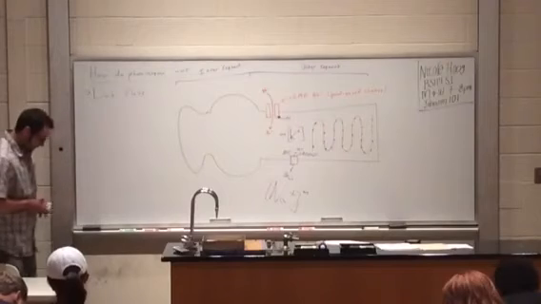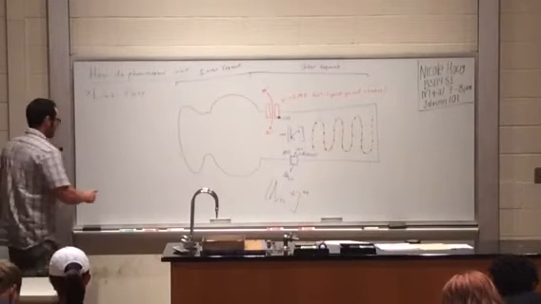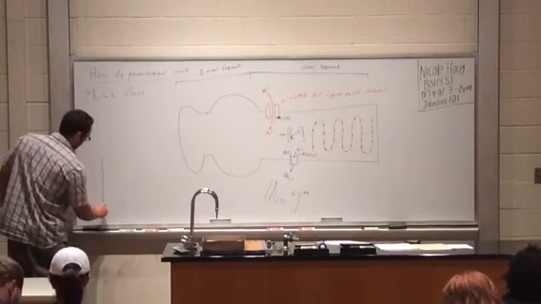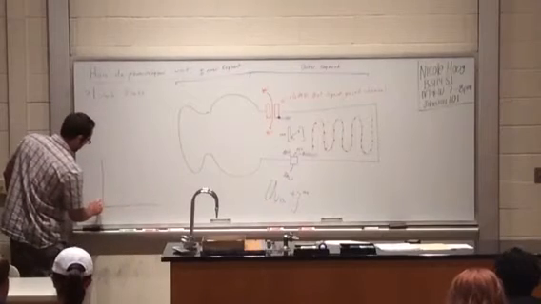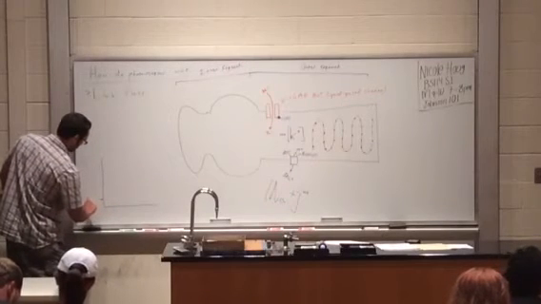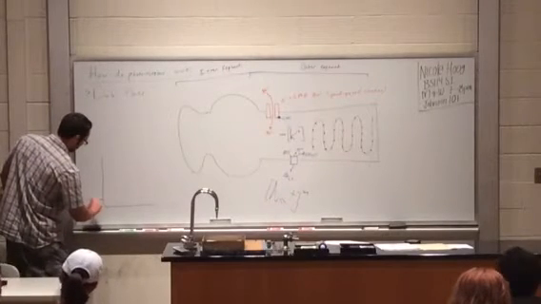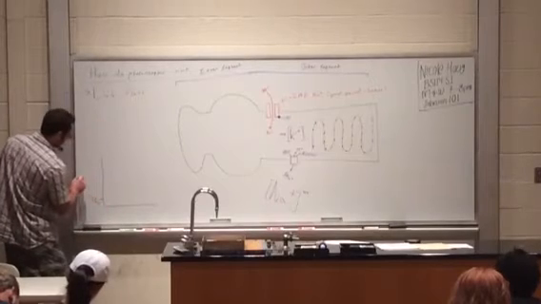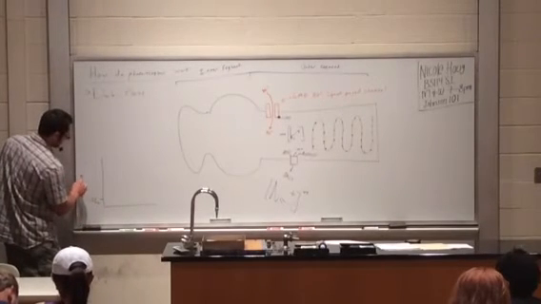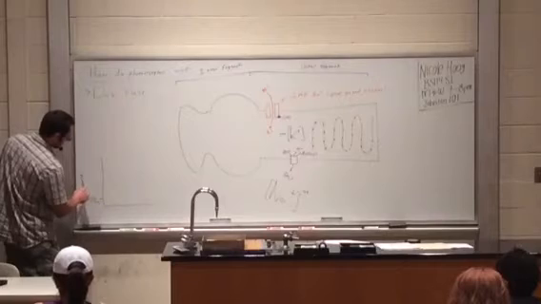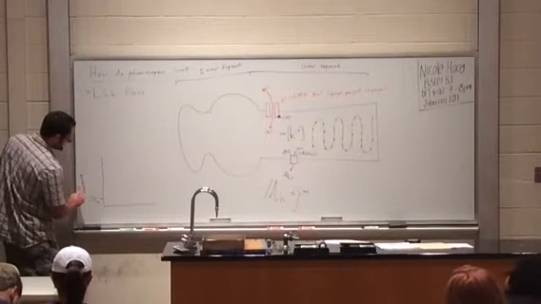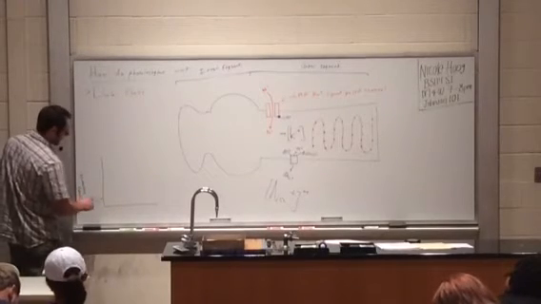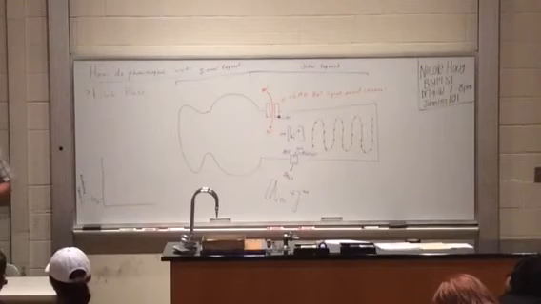This is where things get slightly more confusing because we have to think about our graphs again. Let's just use -70. So we have a membrane potential, right?